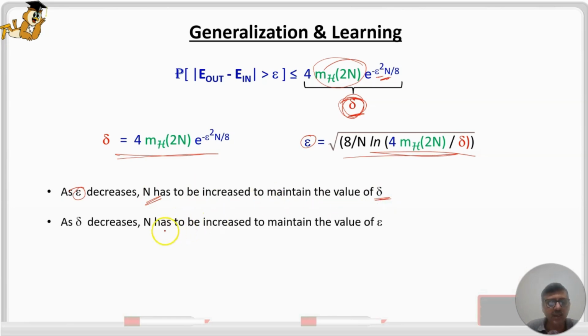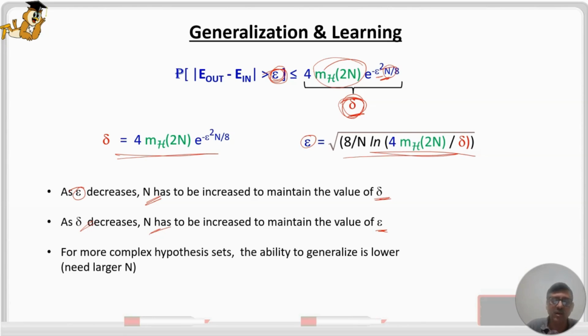Similarly, as delta decreases, n has to be increased to maintain the same value of epsilon. So as you dictate smaller values of epsilon and delta, you have to increase n to meet those requirements. But you can always get an n that meets the requirements of the epsilon and delta that you have specified.